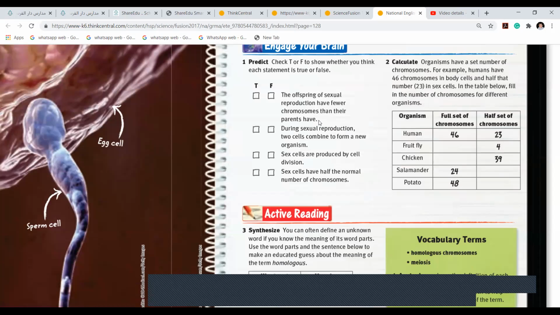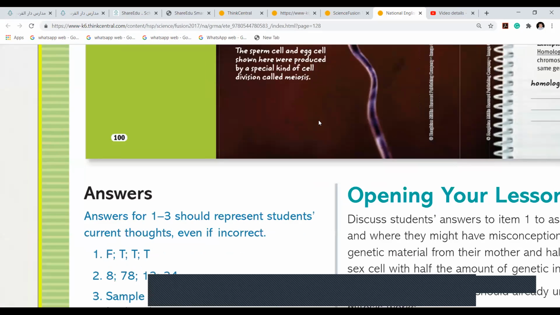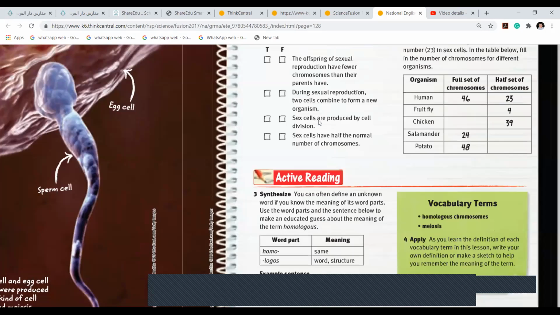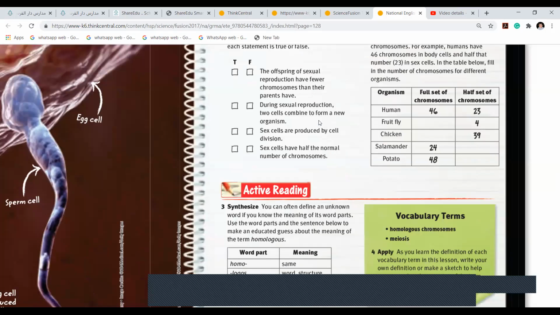They will have the same number of chromosomes. Even if I have so many chromosomes, my kid will not have something more or something less. It will have the same number of chromosomes. Okay, so the answer is false here.